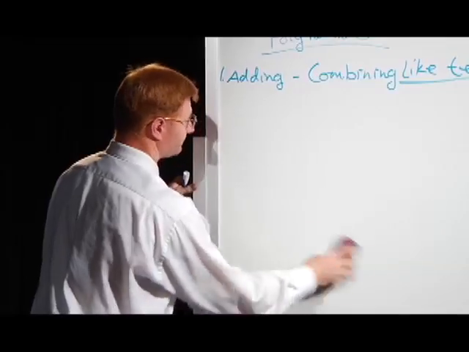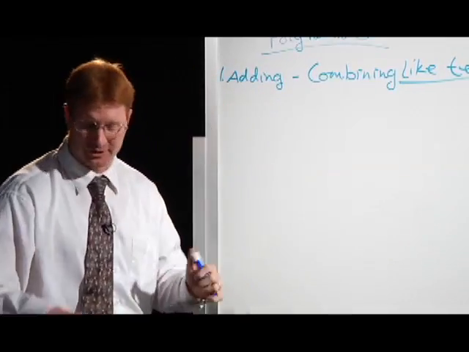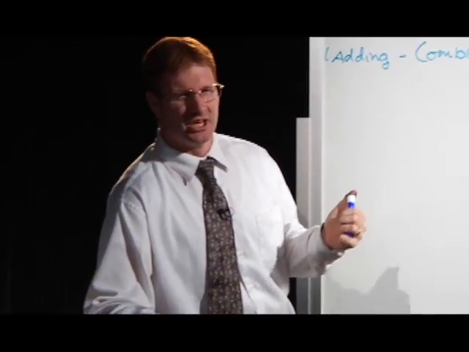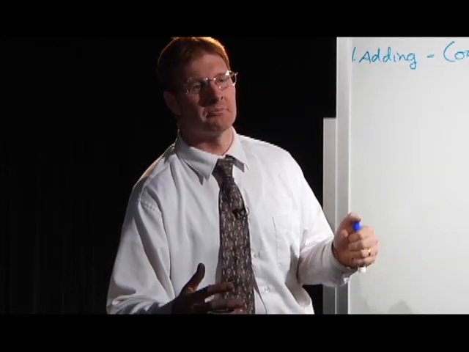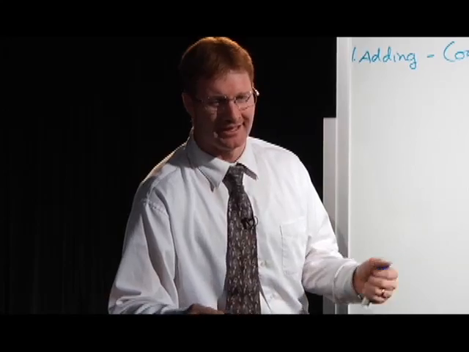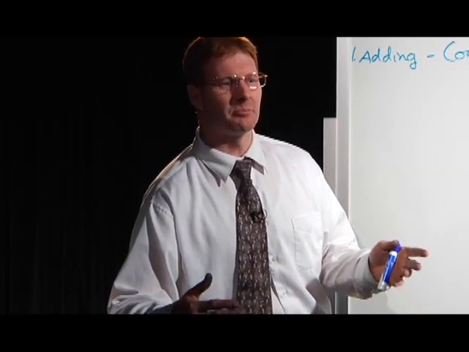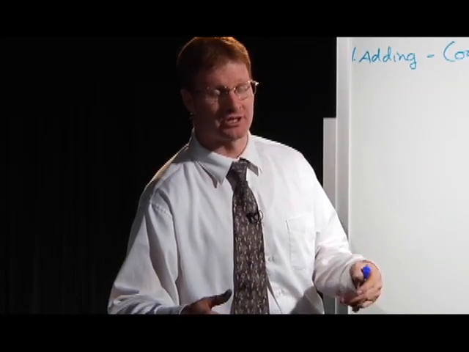Now, multiplication. Most of you have run across a little statement called FOIL. You should understand that FOIL is not a mathematical operation. It is an acronym helping people remember a mathematical operation. And that's very different.